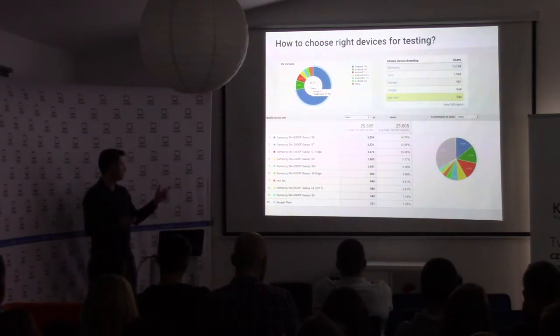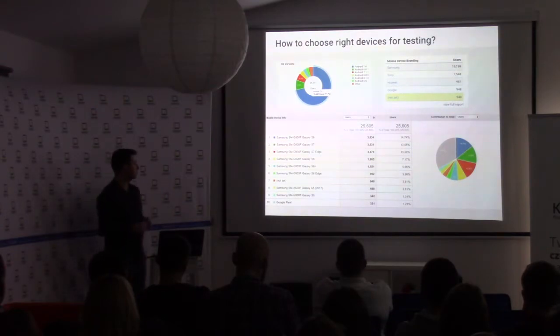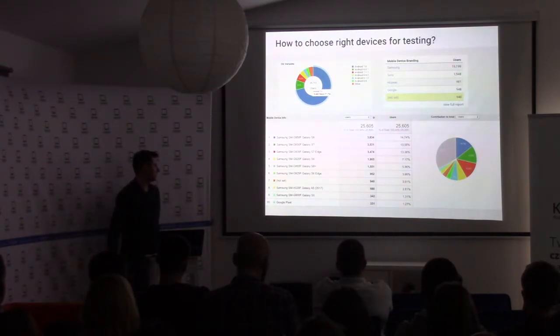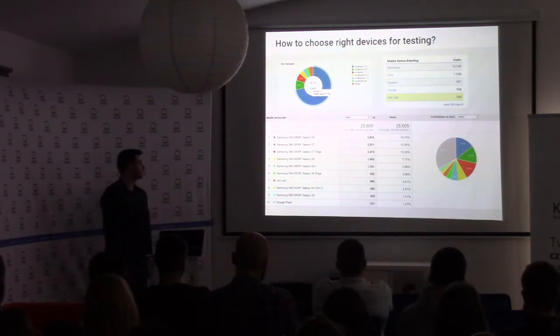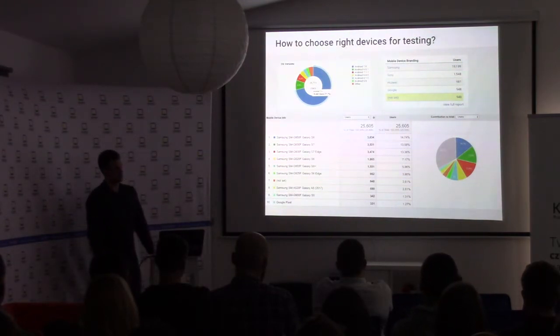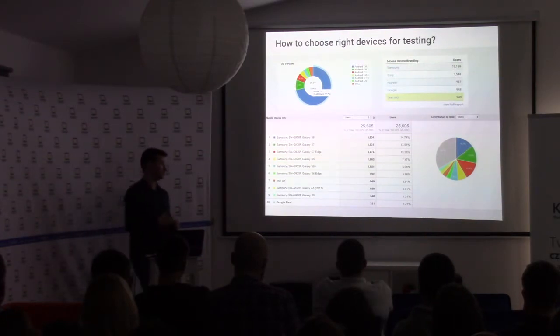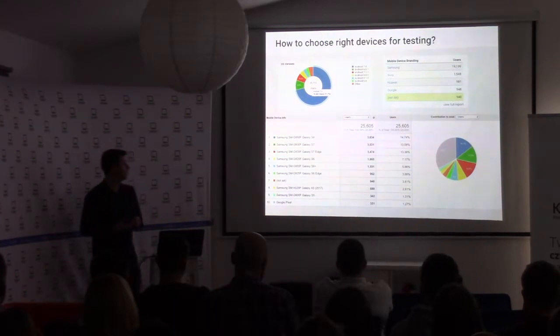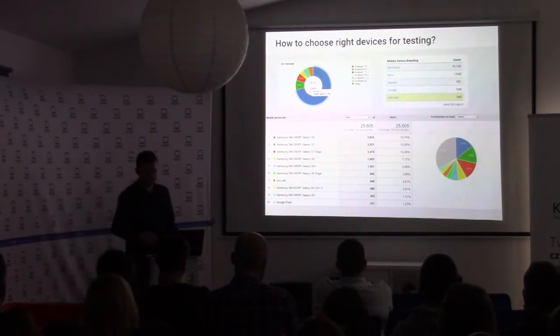And probably the reason for it is the table below. When we look at the first 5 devices that our users use, we can see that they are quite recent Samsung models. They were probably sold with the Android 7.0 version, or they got the upgrade to that Android version.